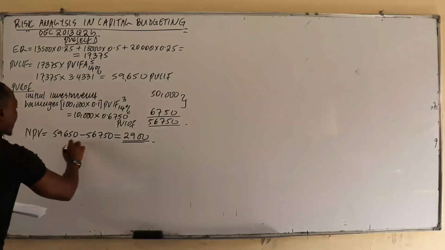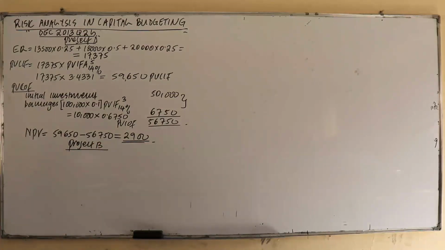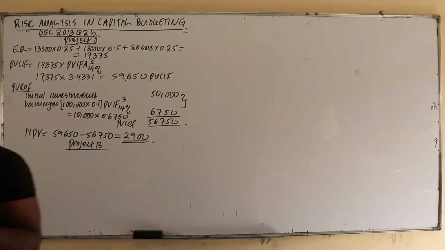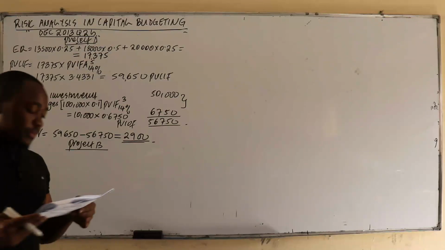Project B. Let's now do the same for project B. This project will require an initial outlay of 50 million spread in equal installment over the next 3 years to finance the research project.